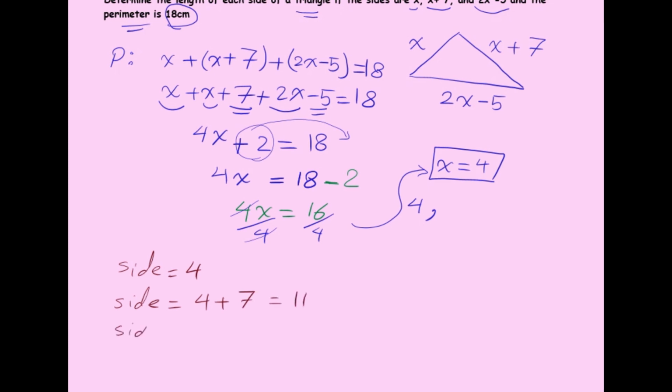The last side or third side is twice of 4 minus 5, yes, which is this one. So as a result, if you calculate, 2 times 4 would be 8 minus 5, which is 3.